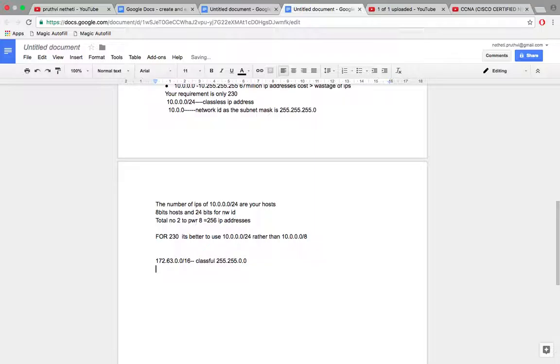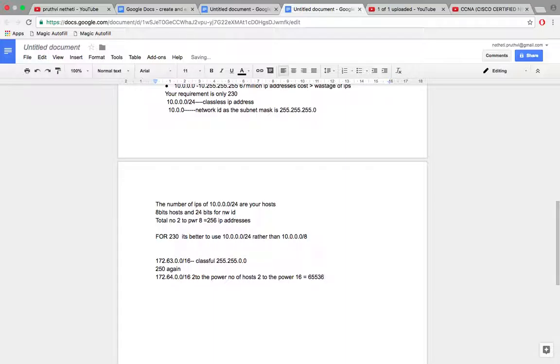But you have the requirement of only 230 again, or take 250 again. So what is this 172.63.0.0/16? The number of hosts is 2 to the power 16, which equals 65,536.